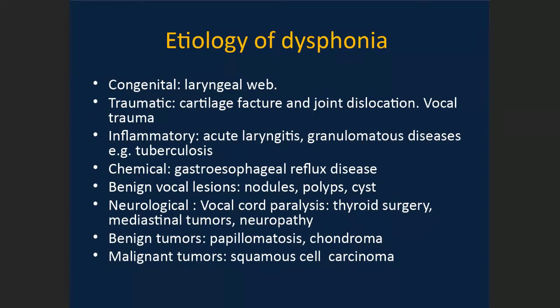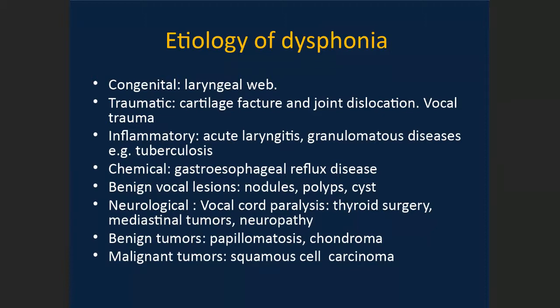Causes: it can be congenital causes like laryngeal web, traumatic causes, inflammatory causes such as acute laryngitis, granulomatous disease like TB, chemical causes from gastroesophageal reflux disease, which is an important part we will discuss later.